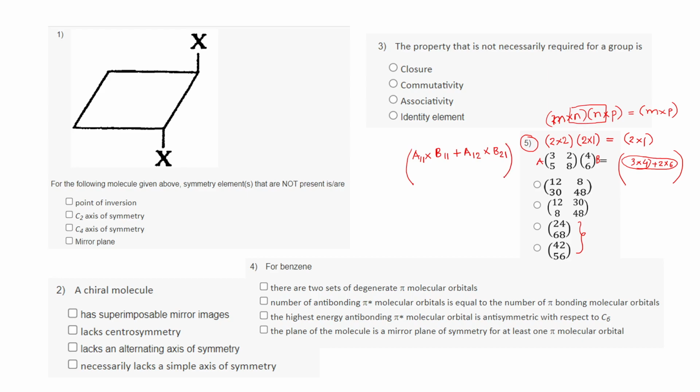The below one will be A second row first column into B first one, and then A second row second column into B 2 1.